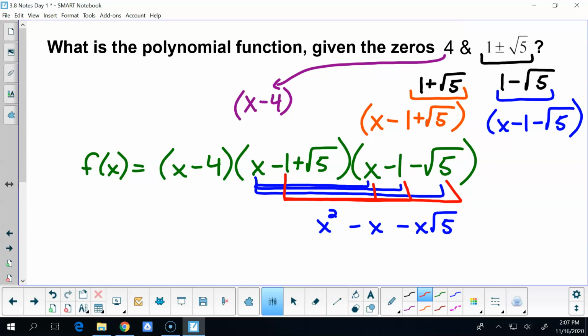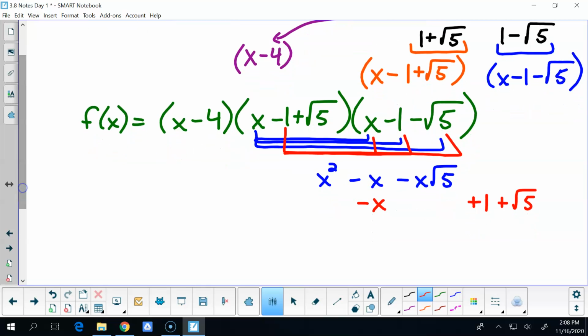That's going to give me negative x plus 1 plus the square root of 5. Then I've got to take this square root of 5, and it's got to go in all three spots.